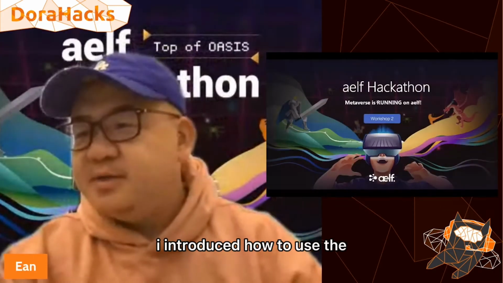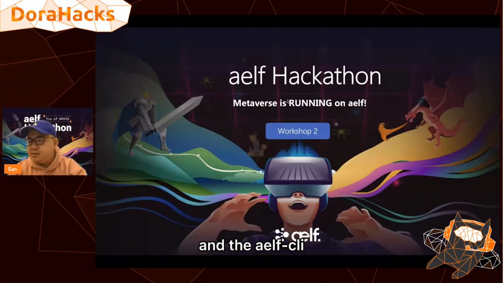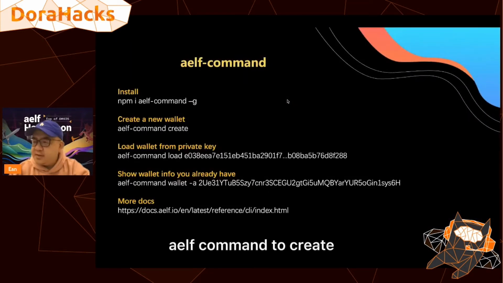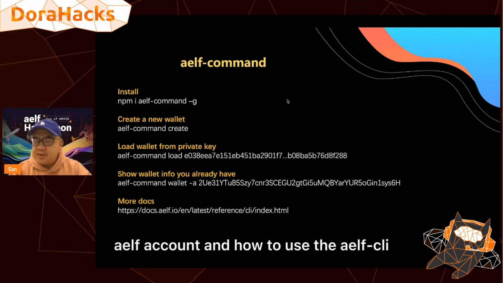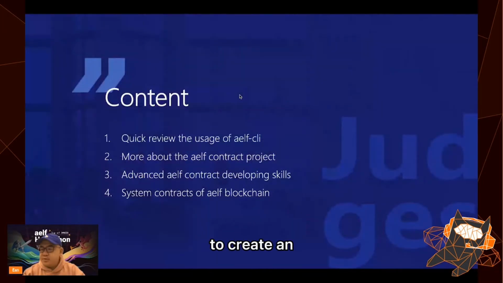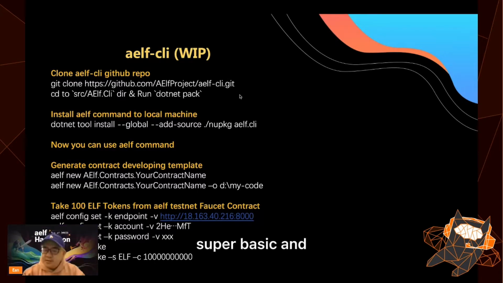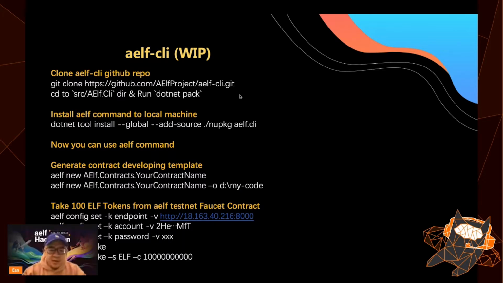So last time I introduced how to use aelf command and aelf-cli, especially aelf command to create your own aelf account and how to use aelf-cli to create an aelf smart contract project. And also I provided a super basic and simple implementation of getting and setting method as well.